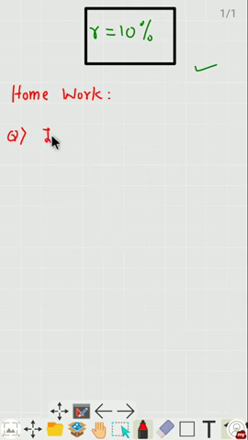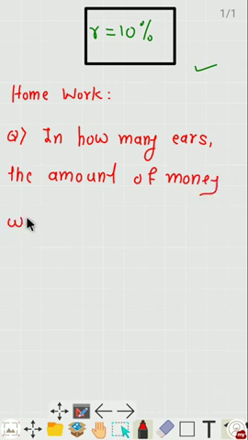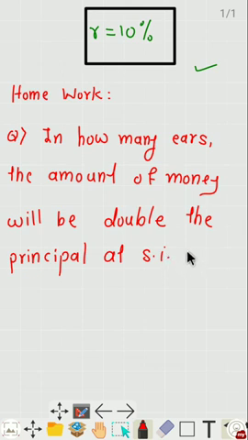In how many years will the amount of money be double the principal at simple interest of 12% per annum?